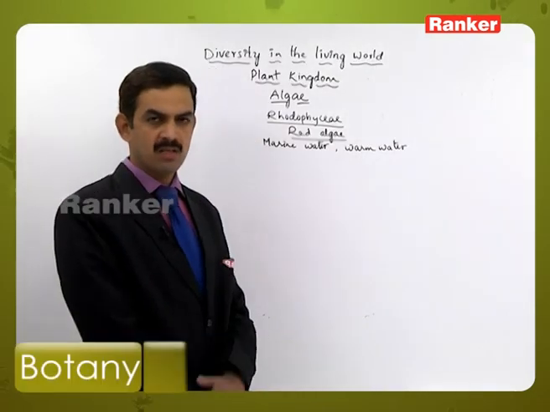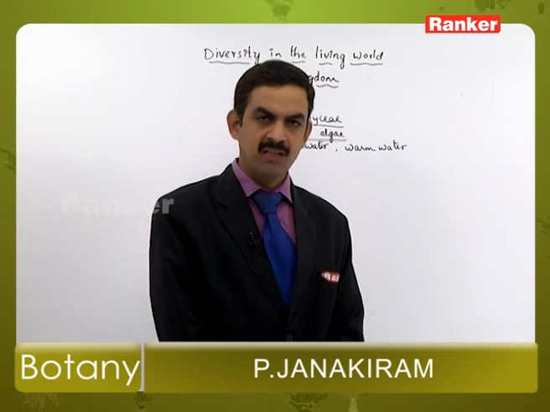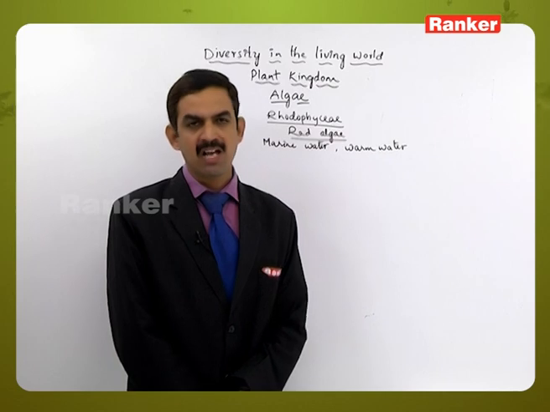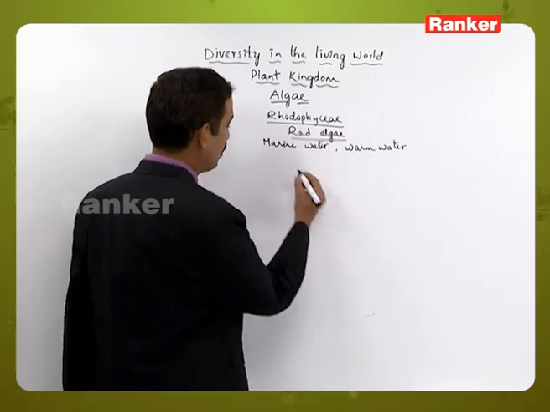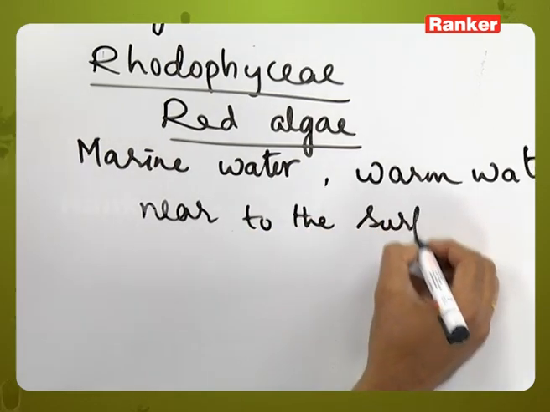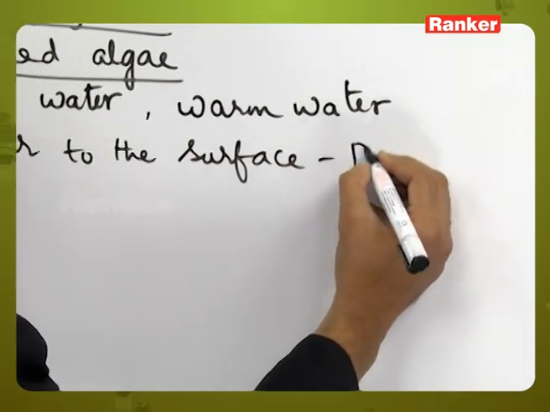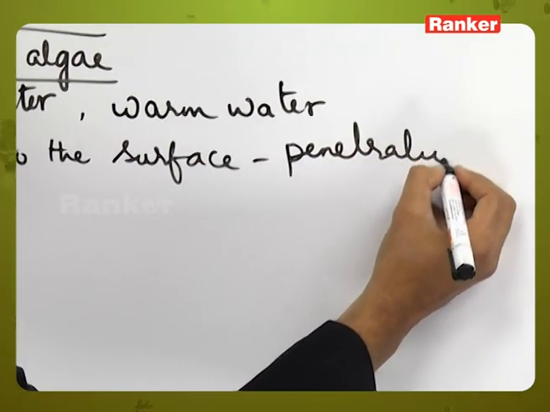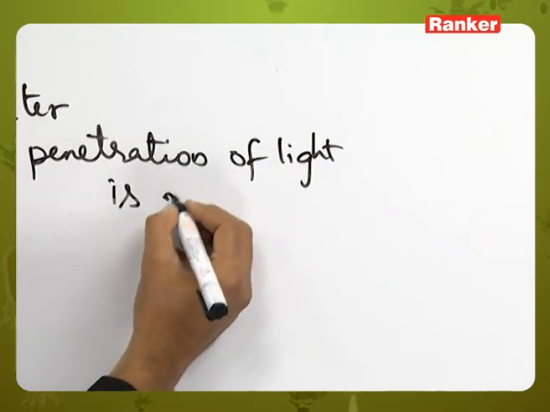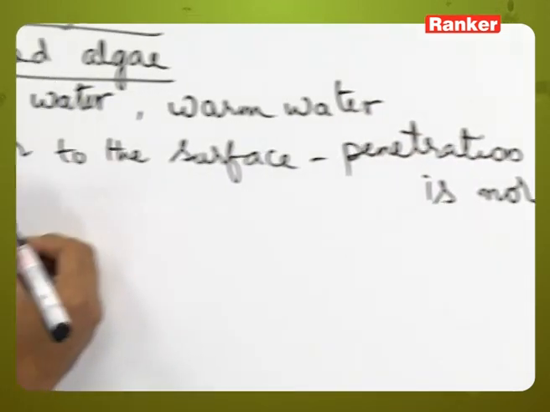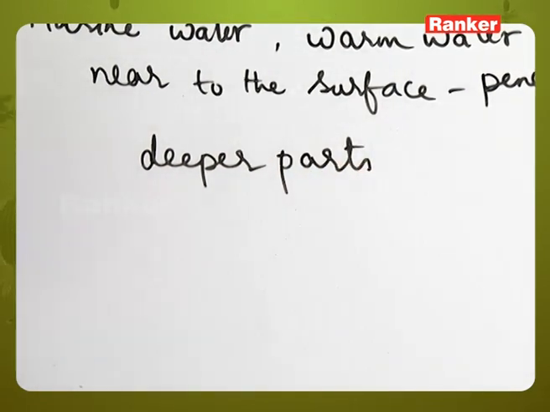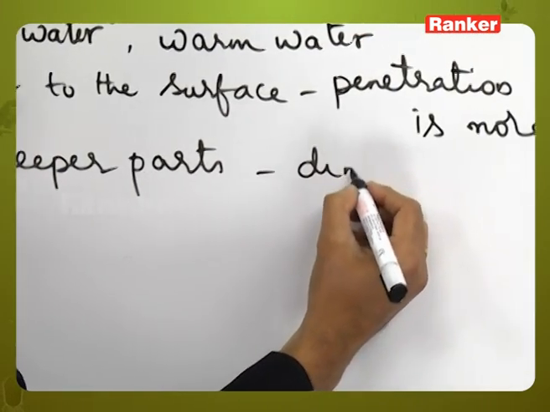When they are present in the water, they have the ability to survive in places where penetration of light is more, that is, near the surface, and also in the deeper parts of the water body, where dim light is present.